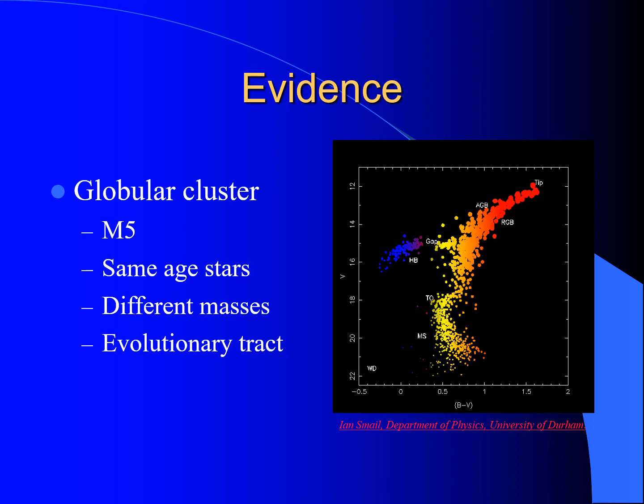So if you look carefully, you'll see stars on the main sequence are your yellowish stars. Then you see them pulling off to the upper right-hand corner where the red supergiants are. And then you can see them moving all the way to the left. Those bluer stars are going to be your planetary nebulae. And so you can see almost the whole evolutionary process when we look at these globular clusters.